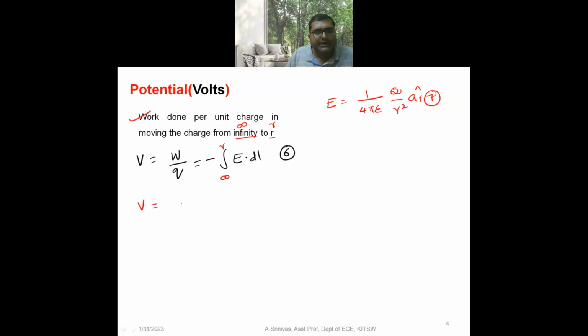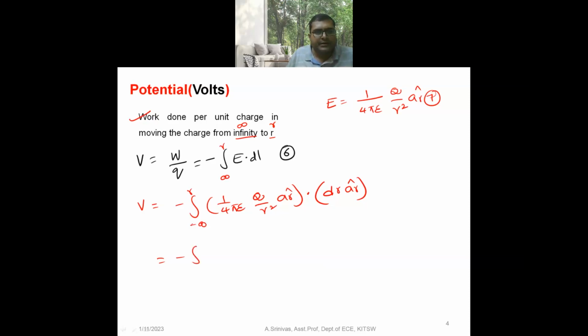We get V is equal to minus integral from infinity to R of E, which is 1 by 4 pi epsilon q by r square ar cap dot dl. The dl is along the radial direction, it is dr ar cap. The dot product ar dot ar is equal to 1.